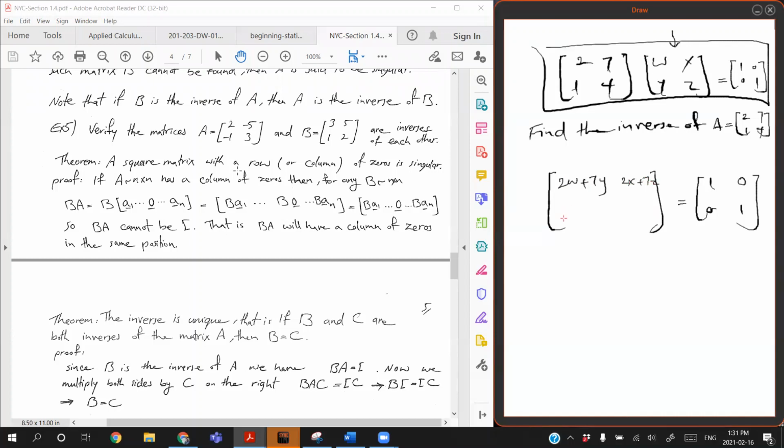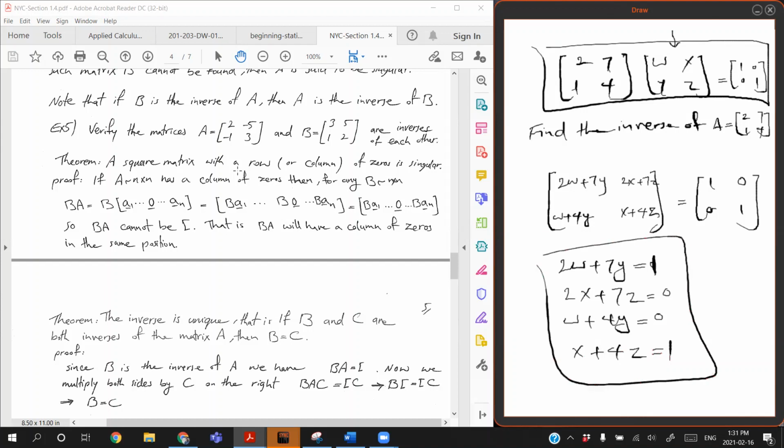The next entry would be w plus 4y, and the last entry is going to be x plus 4z. So that means 2w plus 7y is supposed to be 1. 2x plus 7z is supposed to be 0. This is supposed to be 1, 0. And then w plus 4y is supposed to be 0. And x plus 4z should be 1.